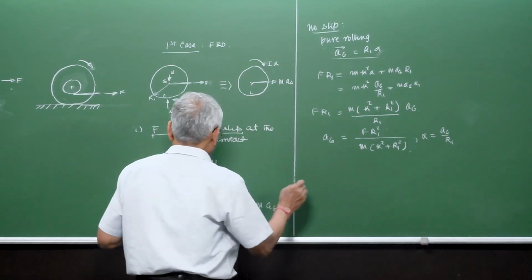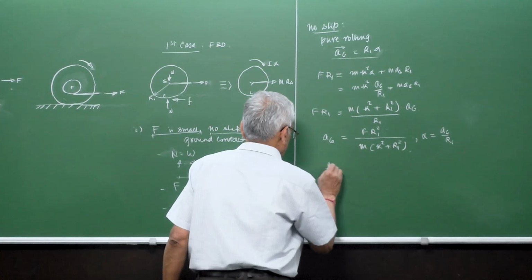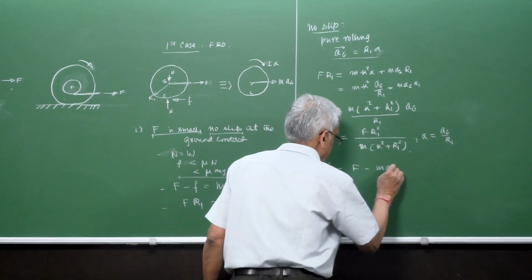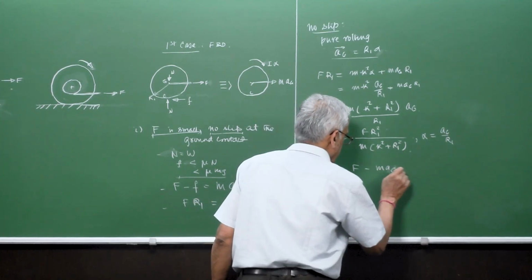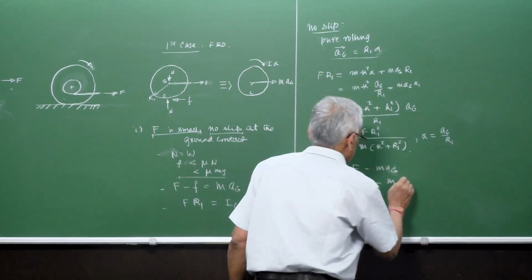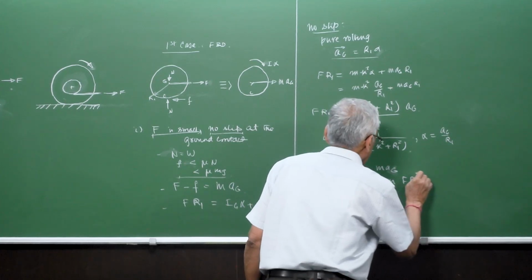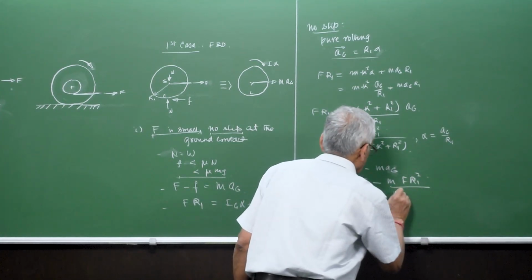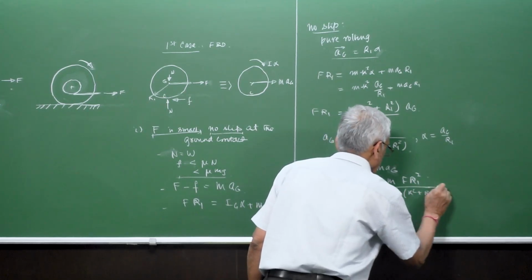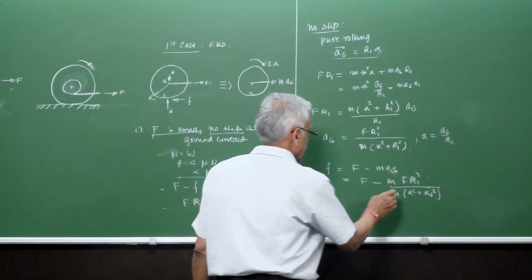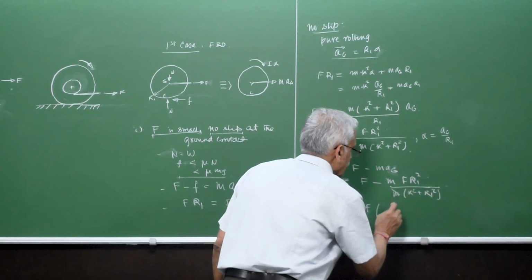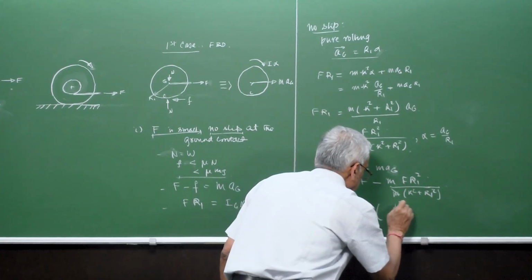So what is that f? f minus m a_g, which is nothing but m times a_g, you can cancel, and k square plus r square.